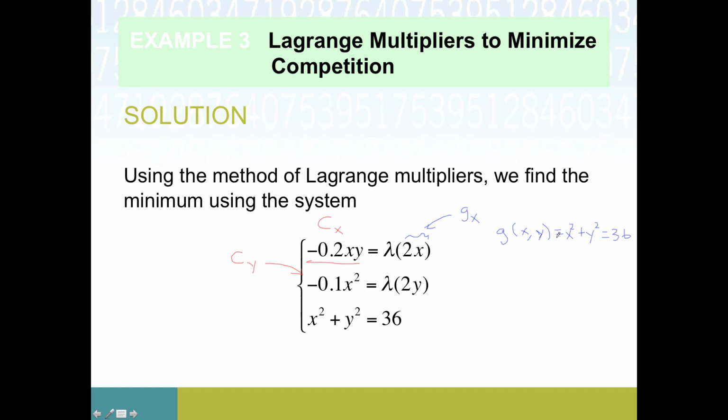And then the derivative of this, with respect to the variable stuff, is just 2x, with x as our variable, and then g sub y looks very similar with a 2y there. And then the last is literally just our constraint equation again. So there he is. Okay, these three equations together are what we're supposed to be able to use to come up with an x and a y that is a satisfactory combination to, in this case, minimize competition.